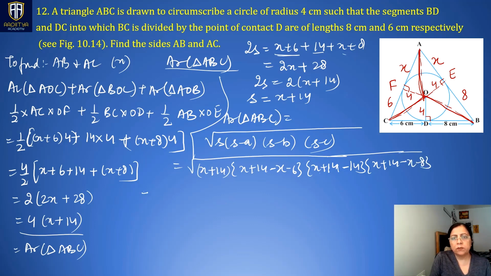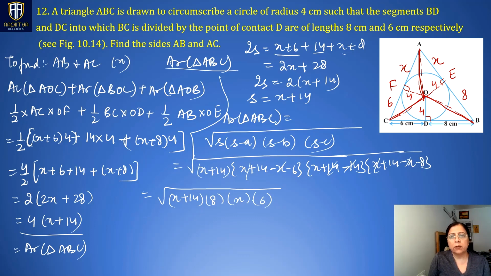Right? So now we can calculate this as x plus 14 multiplied by x minus x. This is 14 minus 6 is 8. This is x. And this is 14 minus 8 is 6. Right? So now we have got the area of triangle in these terms. Don't get into calculations here because it will become ambiguous.